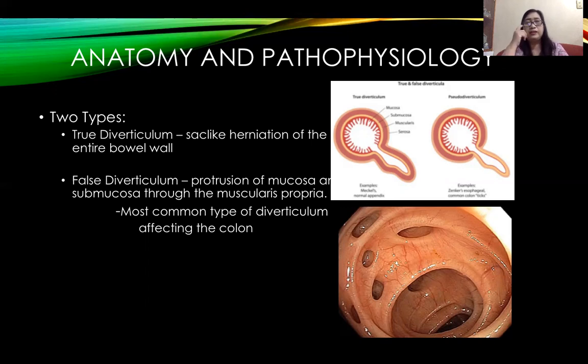For true diverticulum, there is a sac-like herniation of the entire bowel wall, while in false diverticulum, there is protrusion of the mucosa and submucosa only through the muscularis propria. The most common type of diverticulum affects the colon.